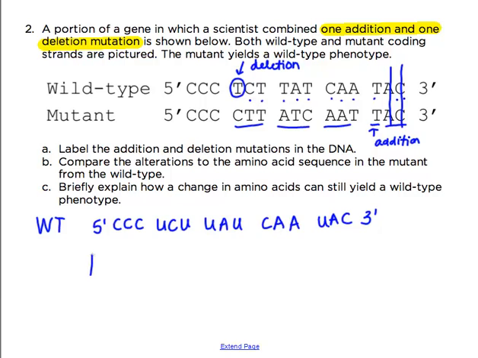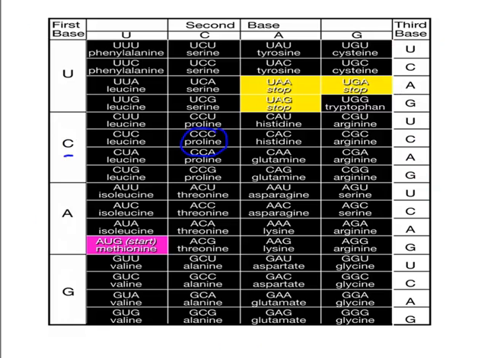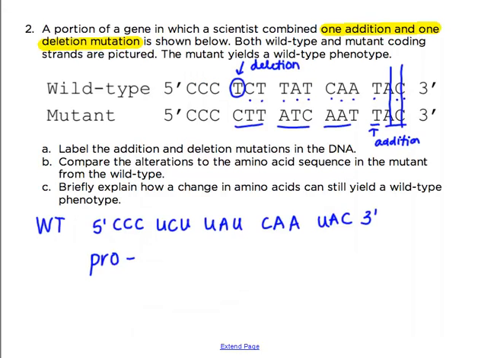So we write that as PRO, which is the 3-letter abbreviation for proline. Now the next codon is UCU. So you start at U, you go over to C, and you see that UCU encodes for serine. And the abbreviation for serine is SER.